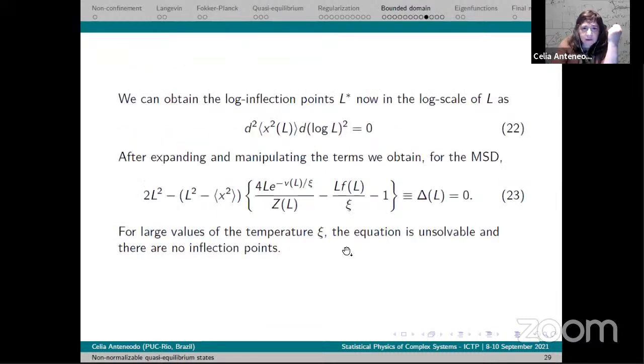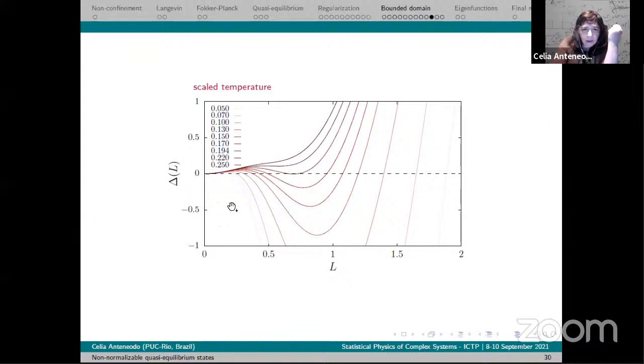Here is the calculation. These are the functions that, when equal to 0, give me the solutions that provide the inflection point. You see that if the temperature is too high, there will not be an inflection point. So we can determine which is the minimal requirement to observe this kind of states.